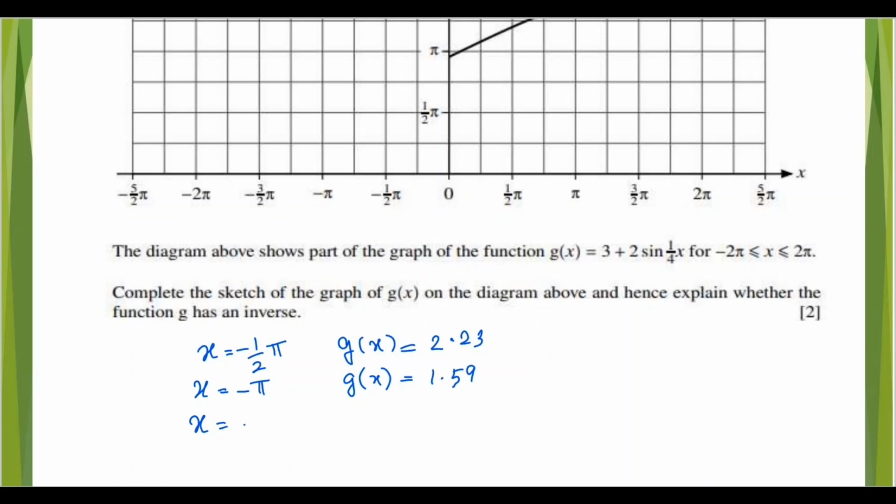When x equal to negative 3 over 2 pi, g of x equal to 1.15. When x equal to negative 2 pi, g of x equal to 1.